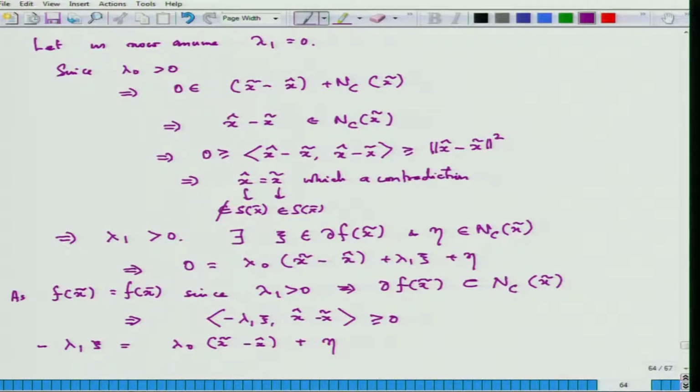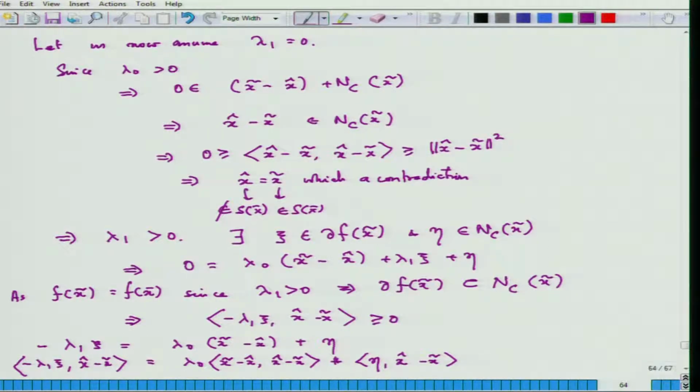Now, I am multiplying by x hat minus x tilde. So, I multiplied this with x hat minus x tilde, and with lambda naught, it became (x tilde minus x hat) times (x hat minus x tilde) plus eta times (x hat minus x tilde).